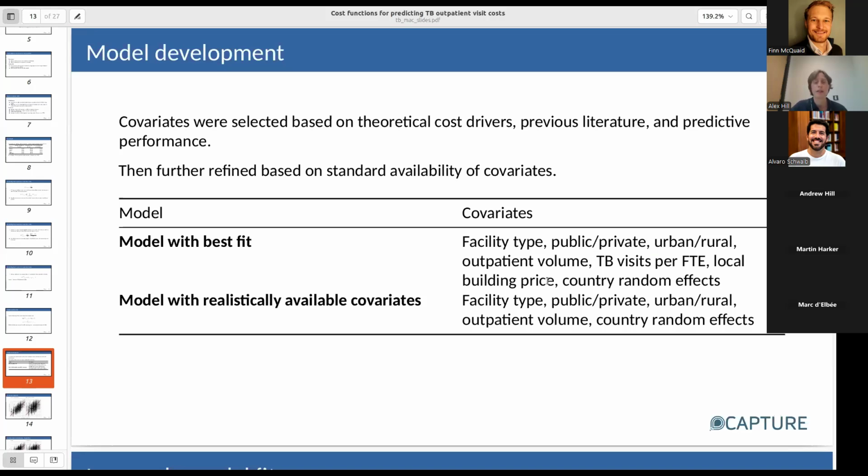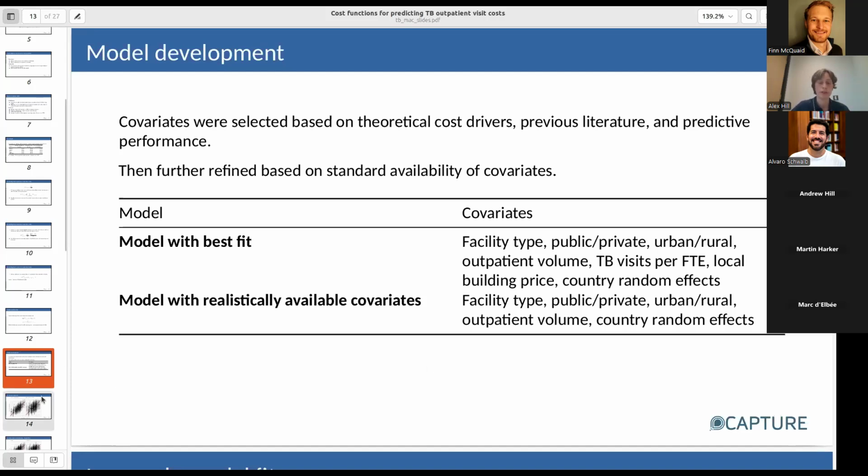Local building prices, I think as well, would be pretty tricky to come by. So I've just taken those two variables out of the model, and the restricted model is just all these very standardly available covariates: facility type, ownership, urbanicity, outpatient volume, and then the country random effects.